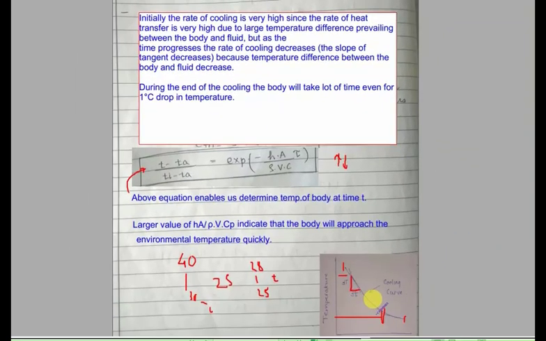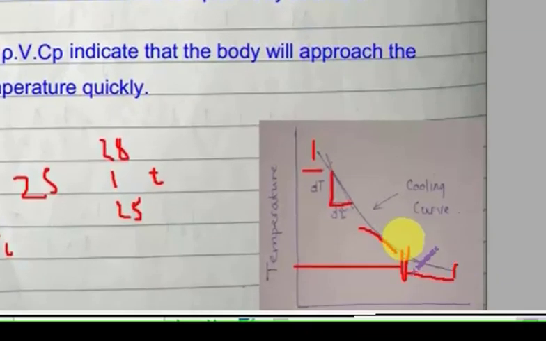This is the tangent. The slope decreases because the temperature difference between the body and the fluid decreases. During the end of the cooling, the body will take a lot of time even for a 1 degree drop in temperature. At the end, the temperature drop is very small, but the time taken is very large, while initially this is not so.